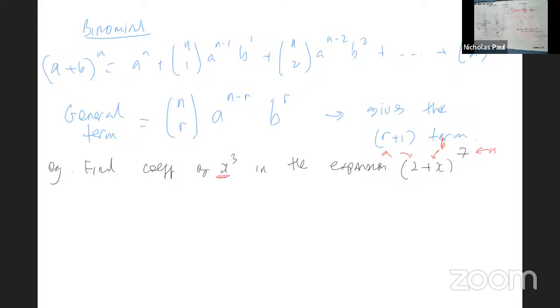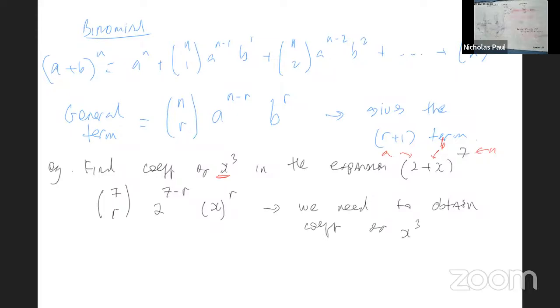So watch this here. We know N is 7. So 7CR by A, which is 2 to the 7 minus R, by B, which is what again? x, by x to the R, right? So we need to obtain the coefficient of x cubed.